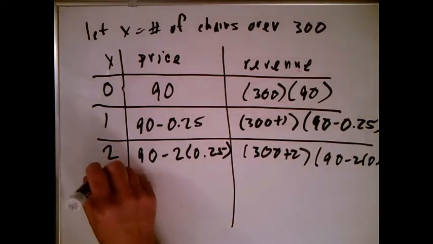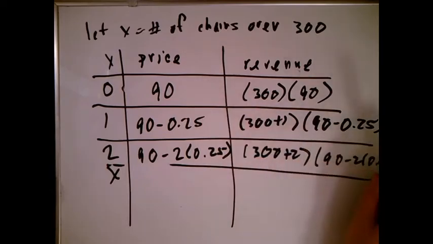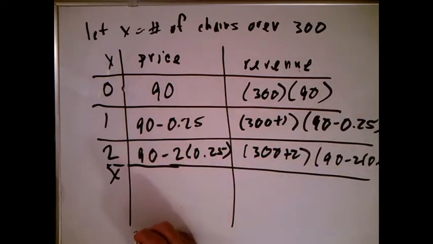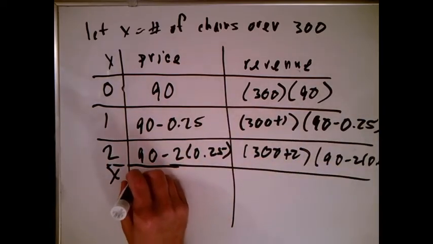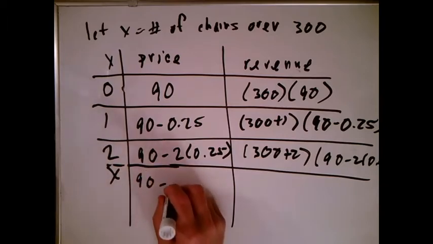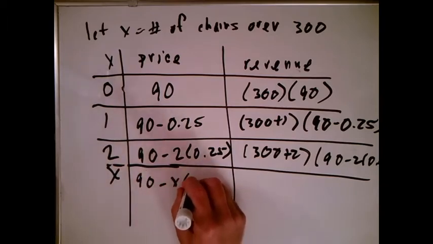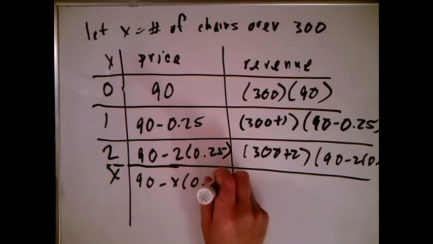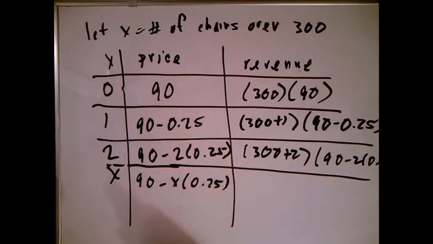We're now in a position, I think, to write down a formula. If I sell X chairs over 300, the price is just going to be 90 minus X times 0.25. Not the way we usually write it, but we'll fix that in a minute. What's the revenue going to be?